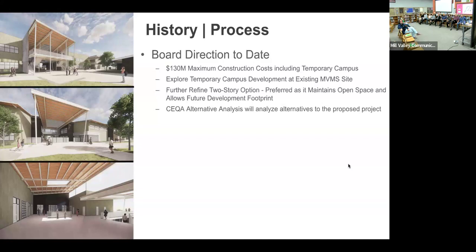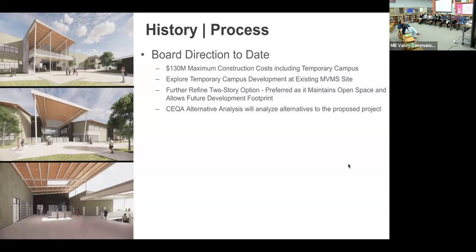They preferred it as it maintained open space and allowed future building on the site should it be needed. And as with everything we've talked about today, the CEQA alternative analysis will analyze alternatives to the proposed project that may result in a pivot of our direction.